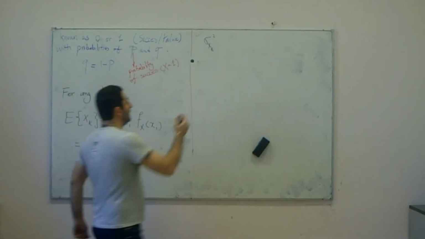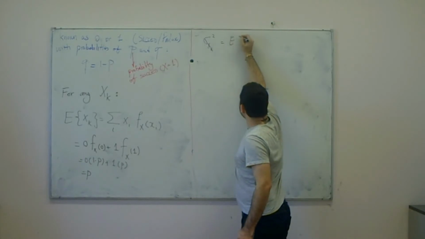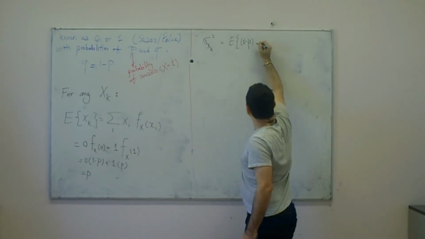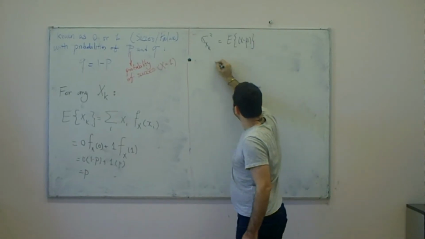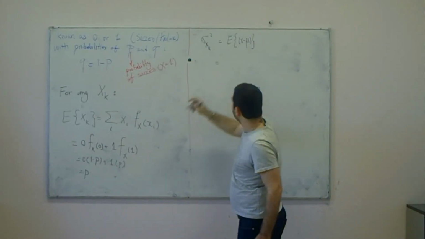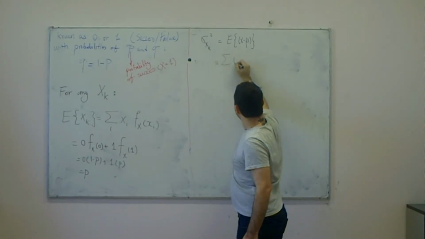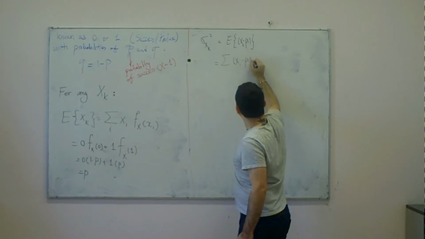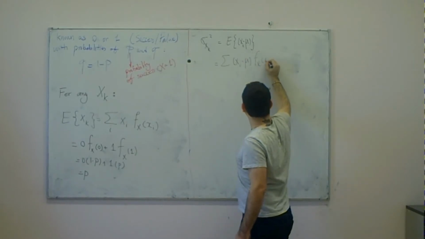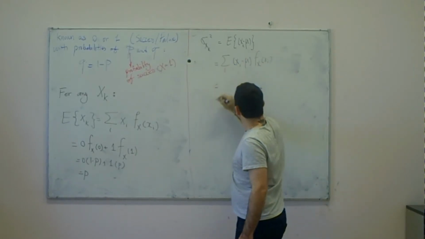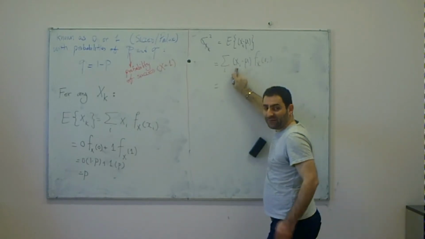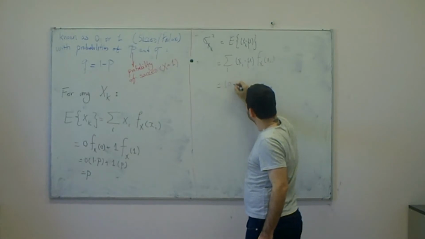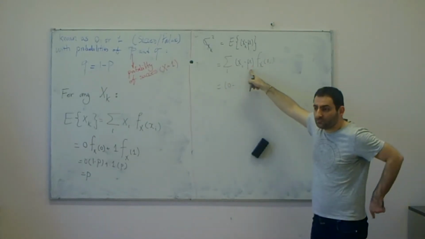We know that it is defined as an expected value, right? Now, if it is 0, what was mu?